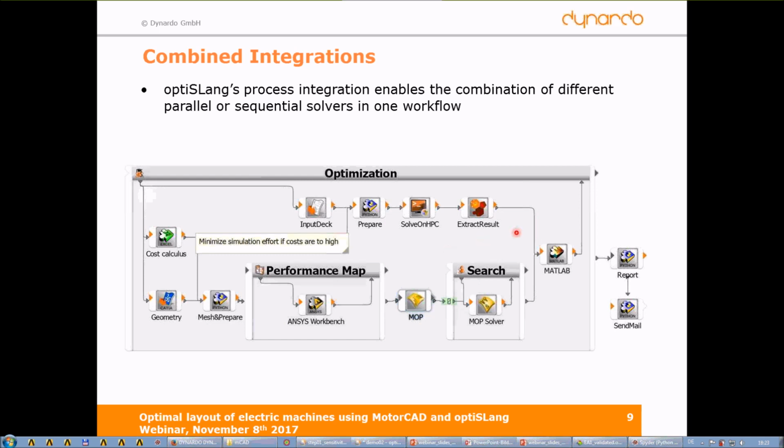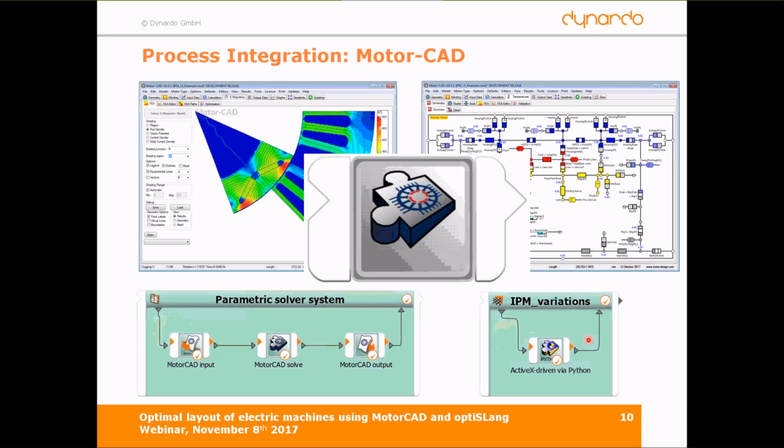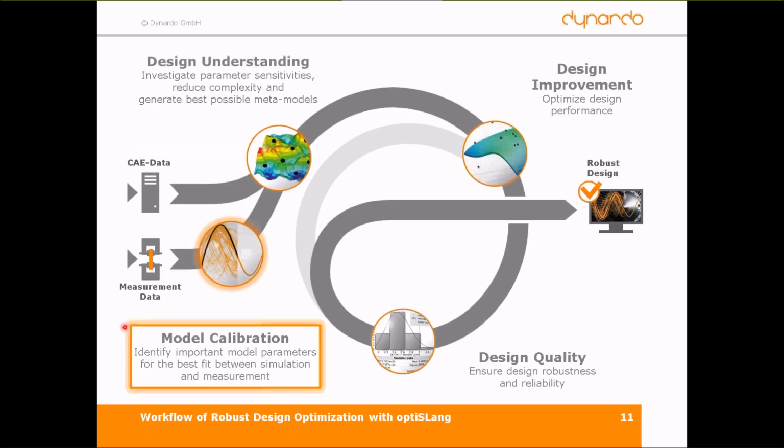So from simple workflows to complicated workflows, nested, linear, branched, everything is possible. Today we are going to look at the integration of Motor-CAD, and ActiveX is the interface. ActiveX is how the two pieces of software communicate, and here are two setups, which I will just demonstrate to you in a second.